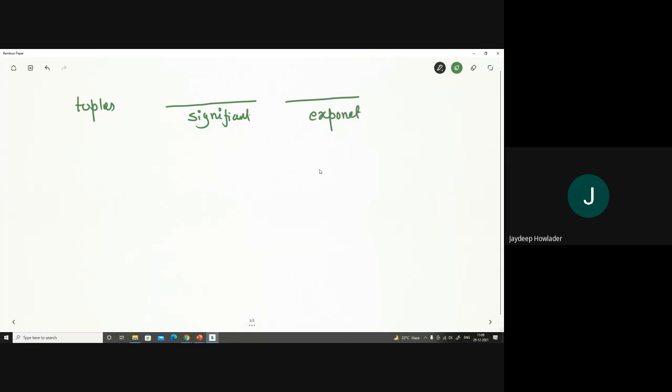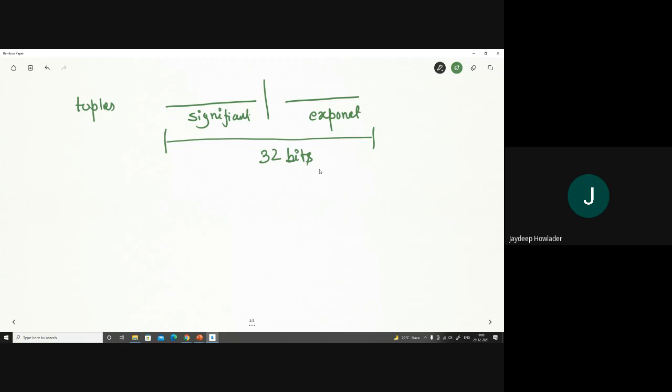Okay. And in any computer representation, this has a constant size. Say in C programming, we basically have 32 bits, and these 32 bits are divided into two parts. One part is called the significand and another part is called the exponent. Okay. And now I am able to store floating point representations of numbers.